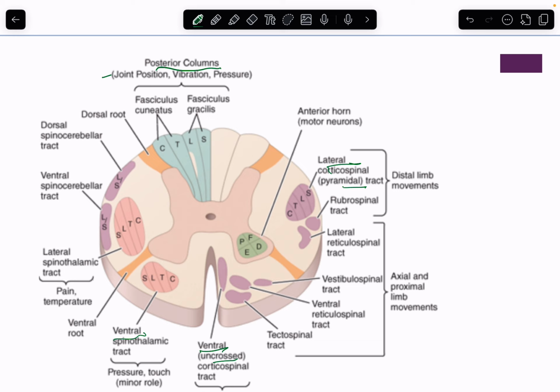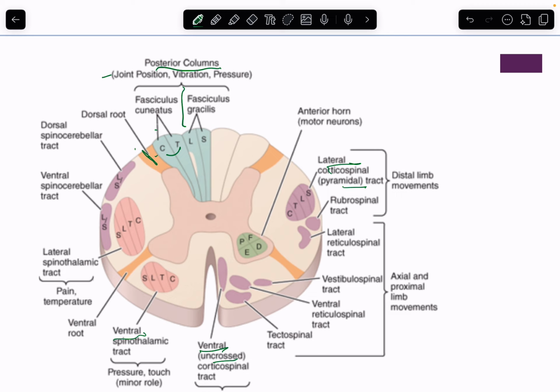It also has two fibers: the fasciculus gracilis, in the medial area, responsible for the lumbosacral region, which is the lower extremities, and the fasciculus cuneatus, which is more laterally located, responsible for the upper extremities.